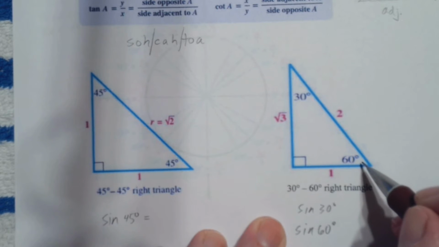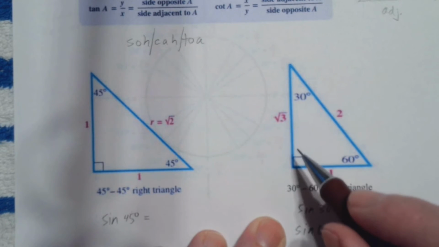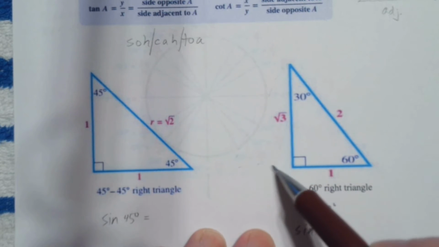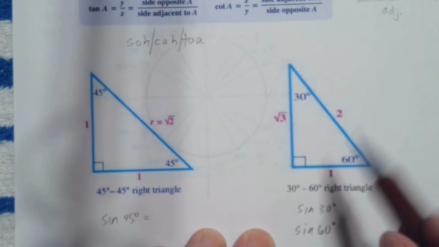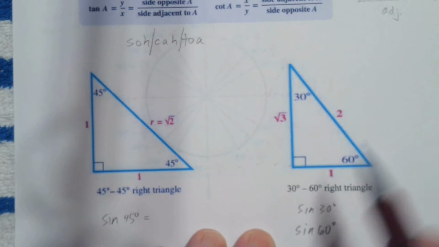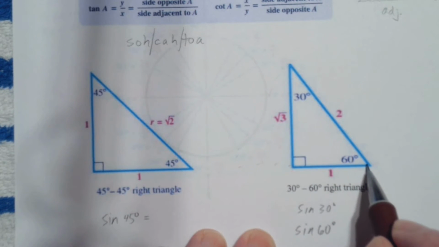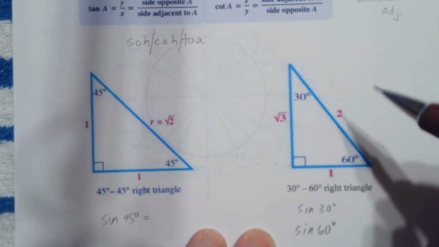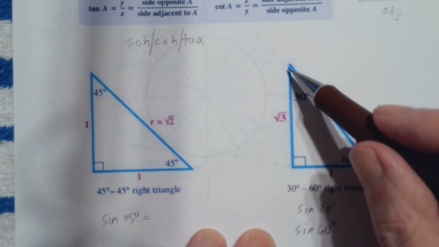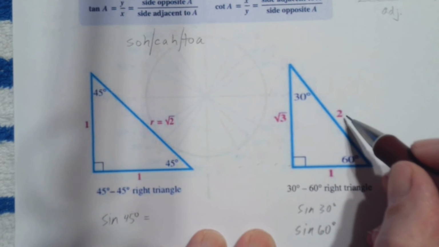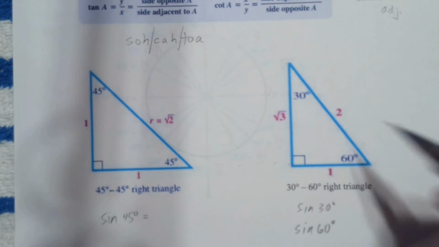The other one we need to know is the 30, 60, 90 degree triangle, which is basically half of the equilateral triangle. And what you find, again using Pythagorean theorem, is if you make the shorter side 1 and this side square root of 3, that you end up getting a hypotenuse of 2.